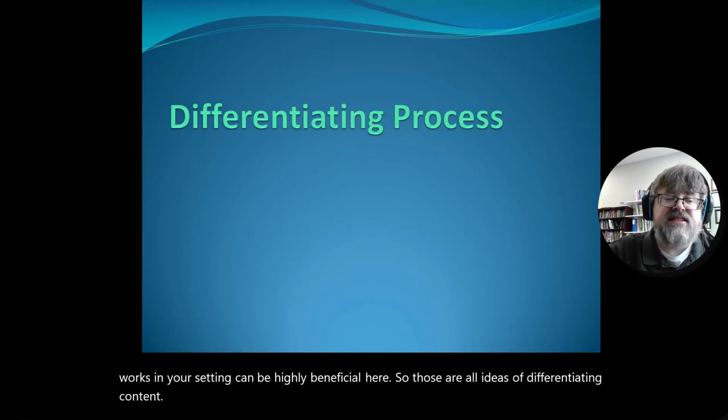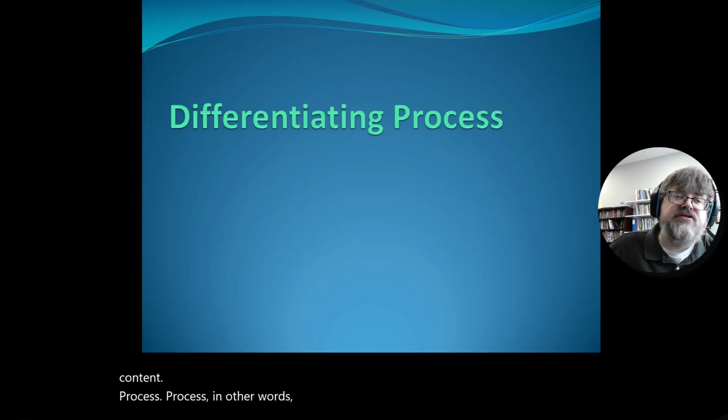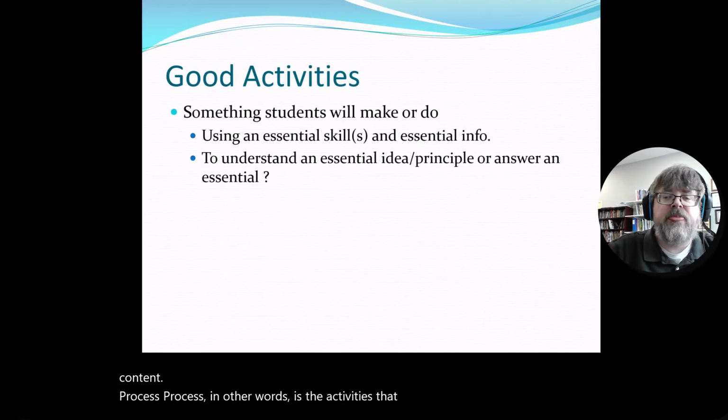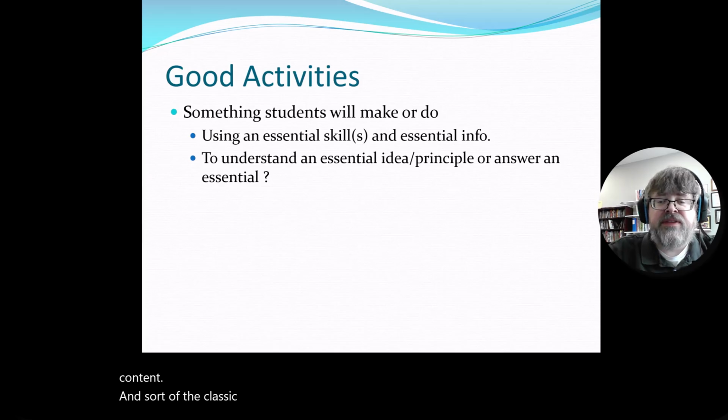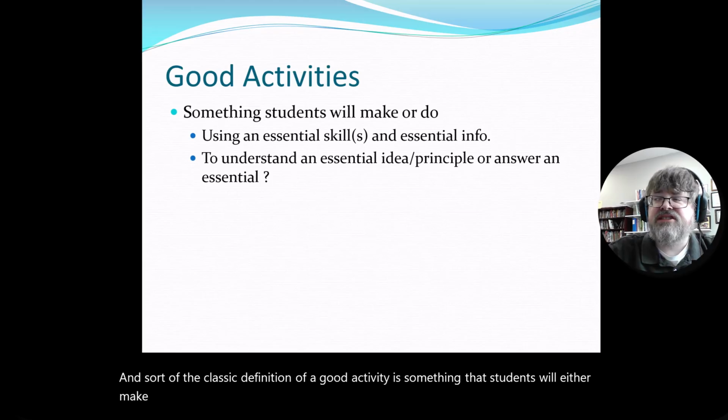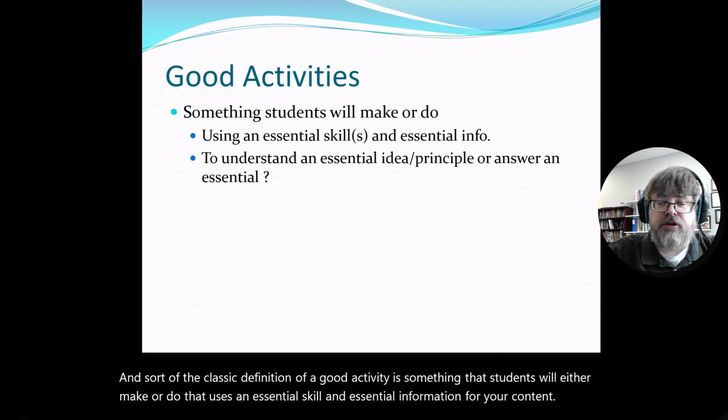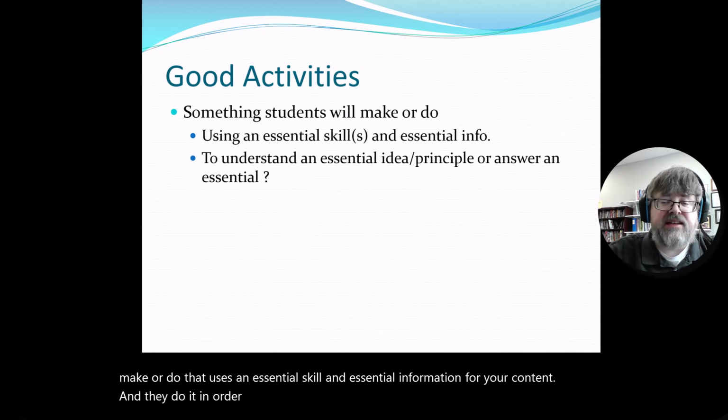Process. Process, in other words, is the activities that students do when they engage in our content. And sort of the classic definition of a good activity is something that students will either make or do that uses an essential skill and essential information for your content. And they do it in order to understand an essential idea or to answer an essential question of your content.